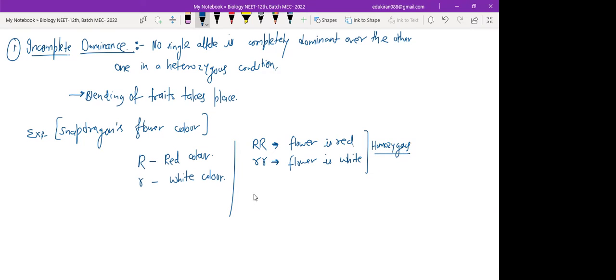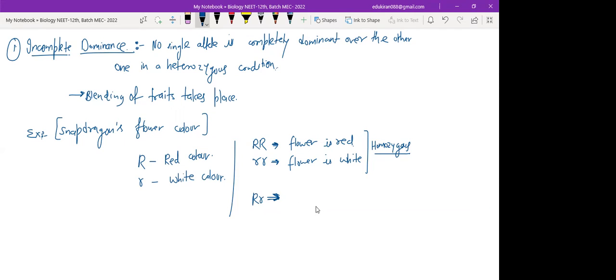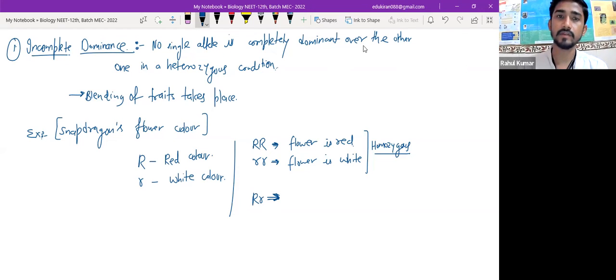Yes, sir. But in a heterozygous condition, what should be the normal expression if the law of dominance was followed? If the law of dominance was followed, what should have been the trait? Red.